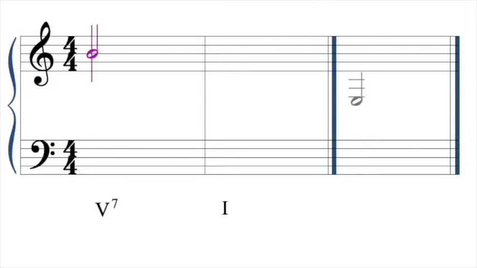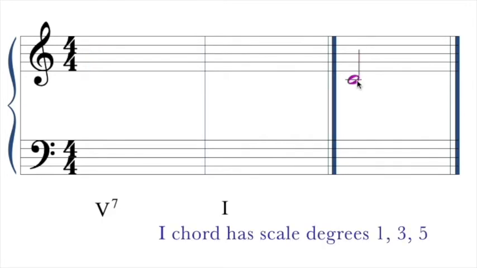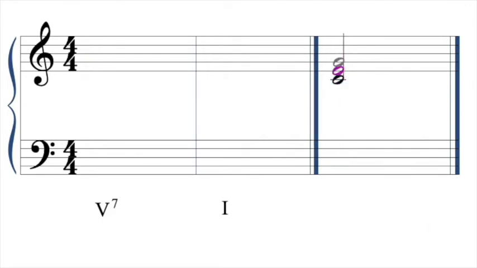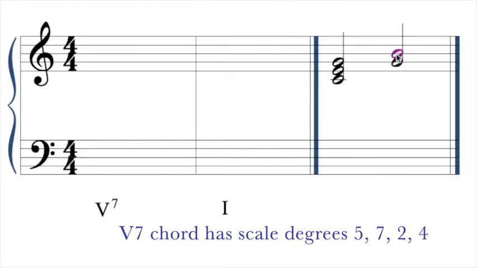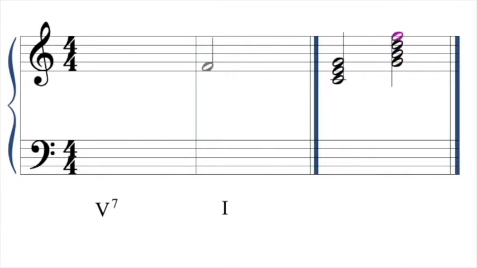Now we know that if we're in the key of C, the 1 chord has scale degree 1, 3, and 5. We know that the 5-7 chord has scale degree 5, 7, 2, and 4.